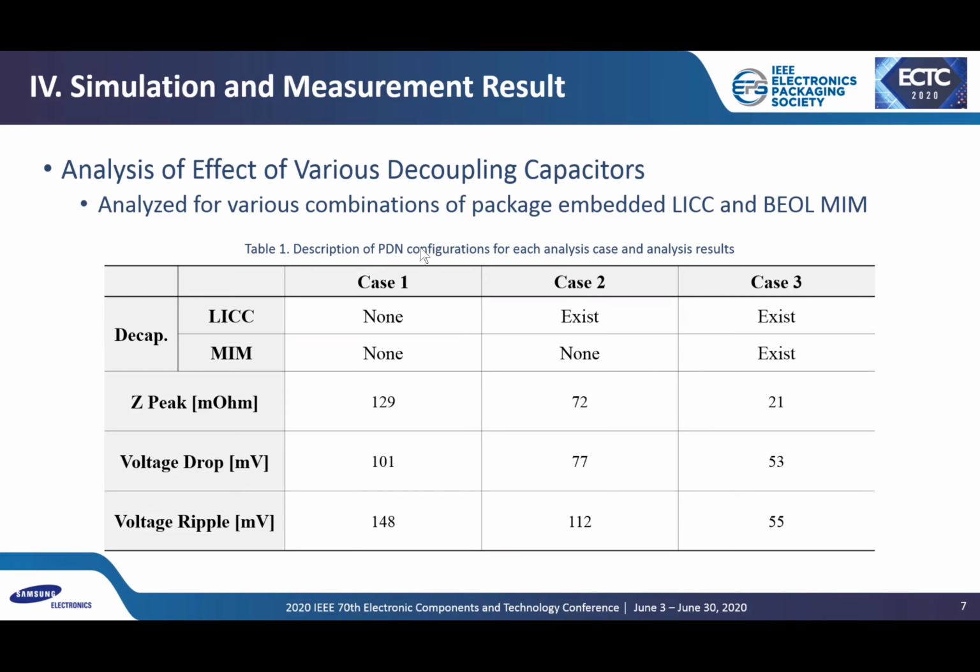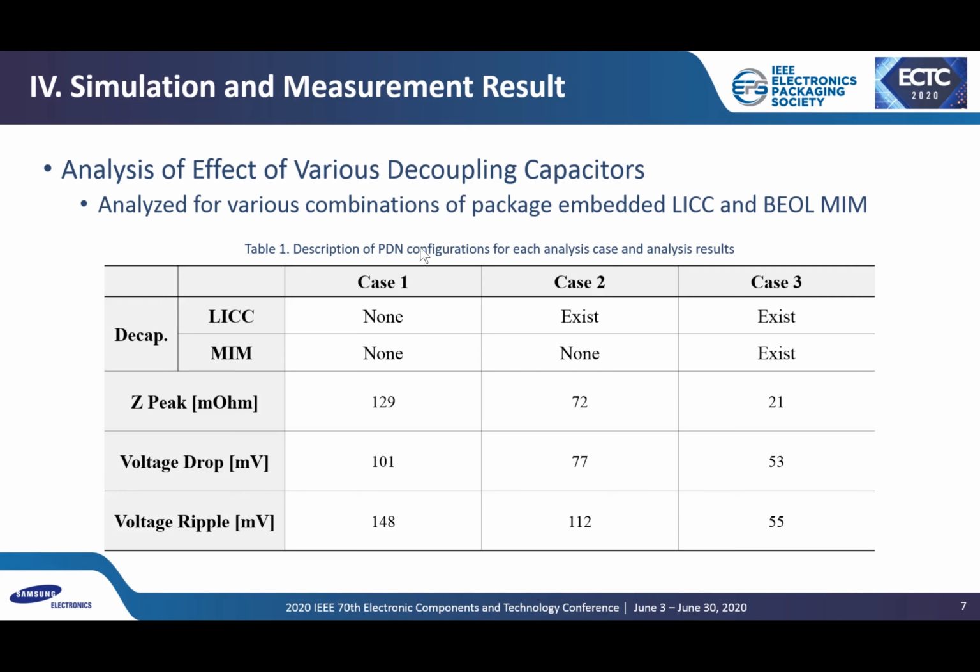Case 1 has no package embedded LICC and no bare MIM. Case 2 has package embedded LICC only, and case 3 uses the same package substrate as case 2 and adds MIM. So both LICC and MIM are applied.